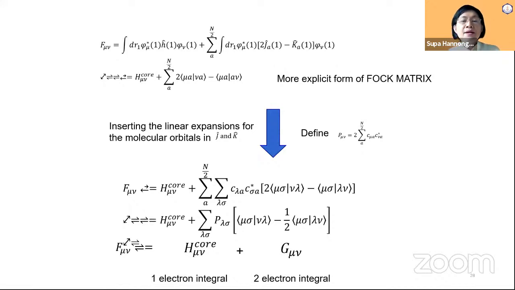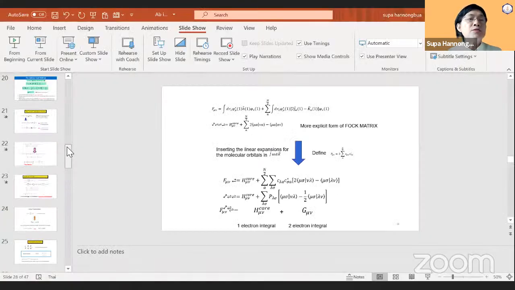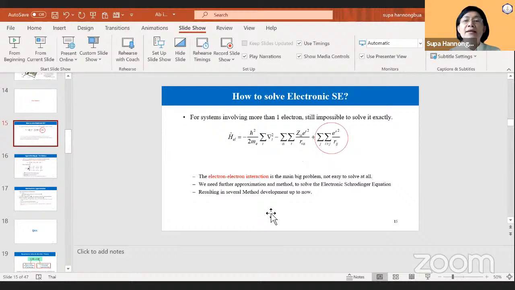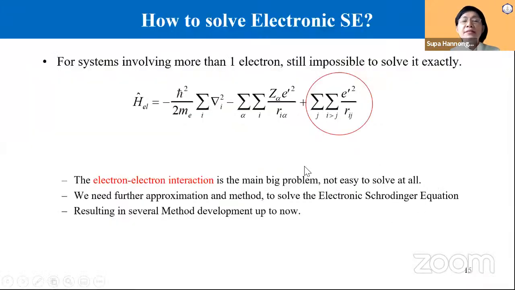If you remember, I will remind you a little bit on this slide. You can see that at the beginning, the Hartree-Fock Hamiltonian operator consists of a 1 electron term and a 2 electron interaction term.